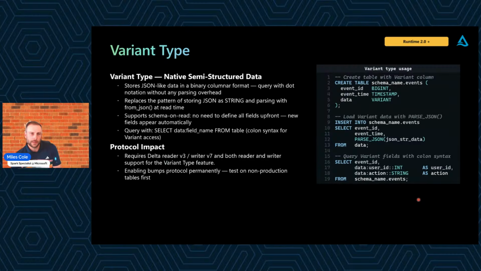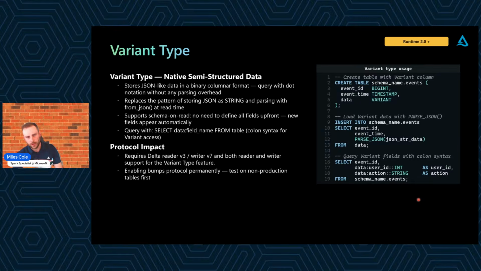Another one here is the variant data type. Traditionally, we stored JSON data, and we may store it as a struct or a map, but under the hood, it's actually storing that data in the Parquet files as string.